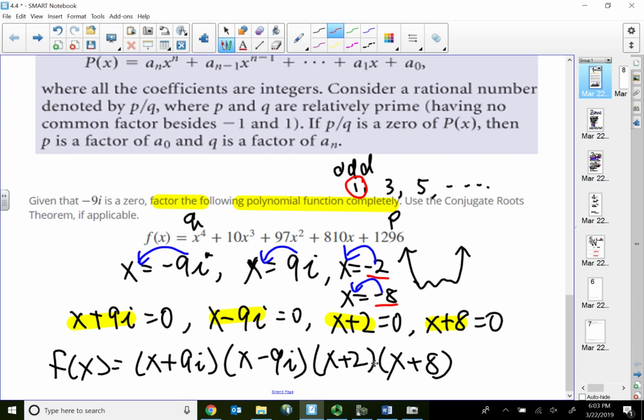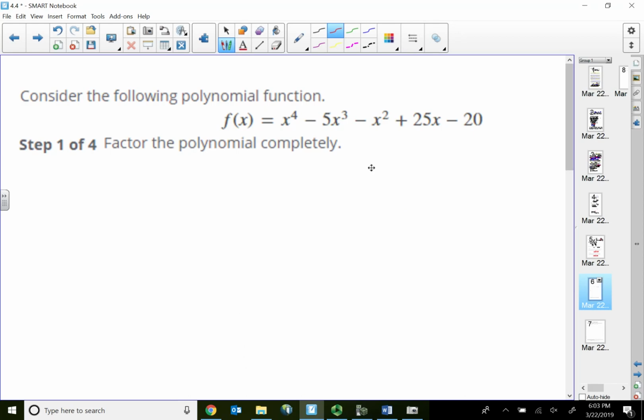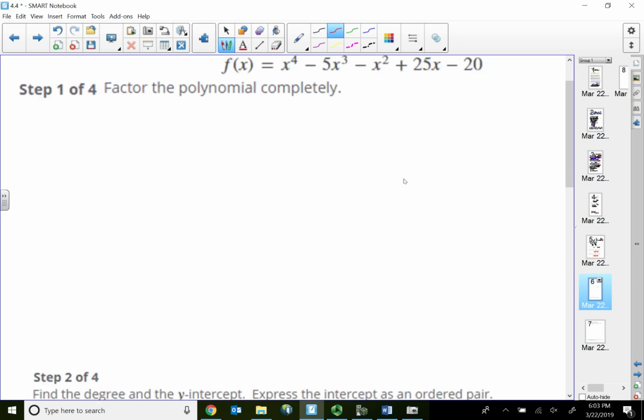Therefore, the other 2, when they crossed, have to have multiplicity 1 and 1. So sometimes we do need to watch how many times we see the graph cross over the x-axis, or turn at the x-axis, to determine the appropriate multiplicity. Again, factor this polynomial completely.